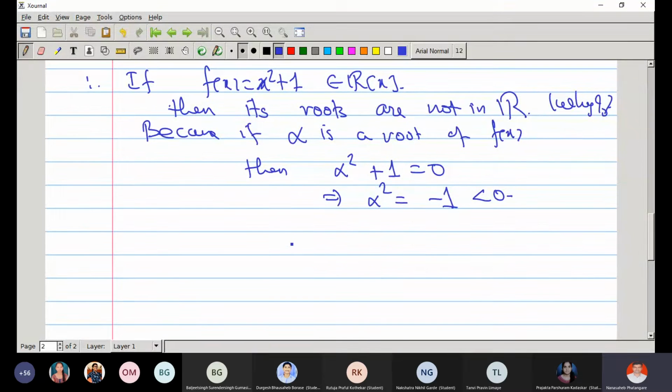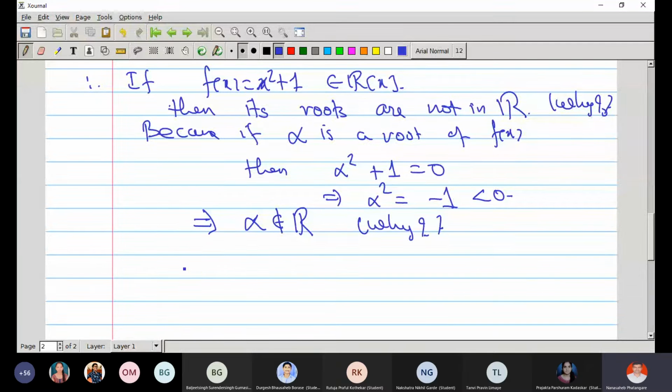So alpha square is the square of some number and it is negative. Is alpha a real number now? No, because the basic property of real numbers is that the square is always positive if it is non-zero. Certainly it is non-zero, so alpha is certainly not a real number.